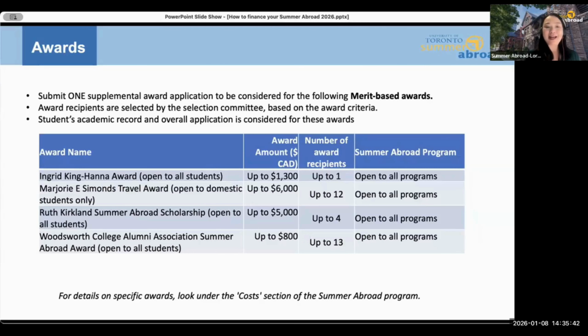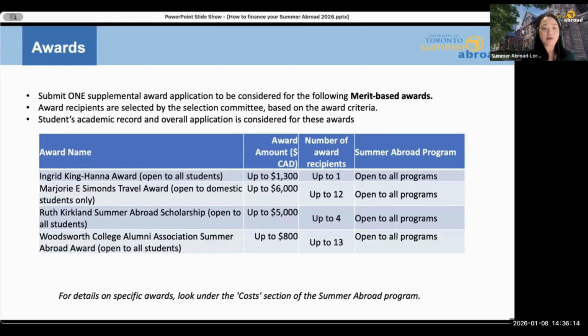So just a quick note on this slide. Again, submit one needs-based award. And if you're looking for a merit-based award, which is what this slide is about, then you would submit a supplementary award application to be considered for a merit-based award. And I think I mentioned this a little bit earlier. The merit awards are a little bit more limited, and that's reflected on the screen.